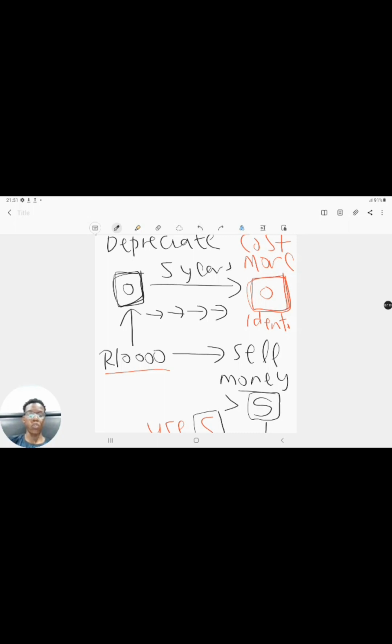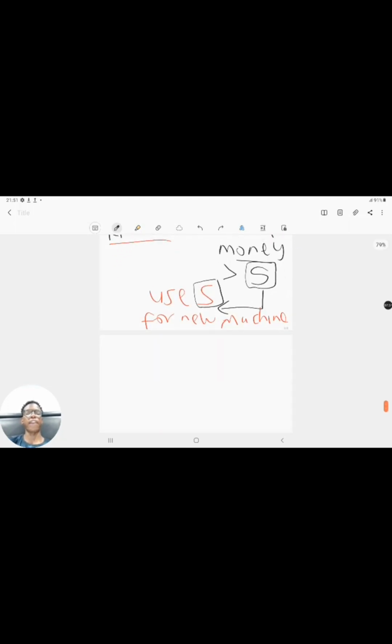And two, this new machine does not cost 10,000 because of inflation, because the value of 10,000 is not what it used to be. After 5 years, 10,000 is less valuable than it would have been 5 years before.